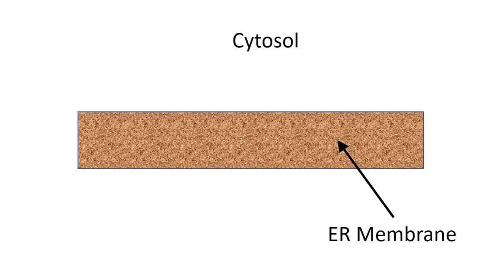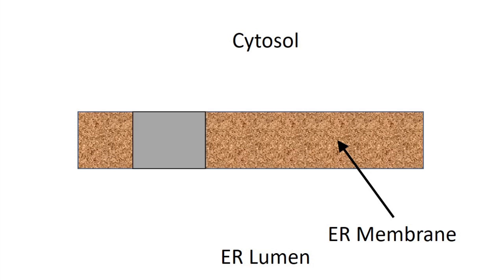Okay, so the piece of wood that you saw is going to represent the ER membrane. And for these demonstrations, we're going to identify the space above the ER membrane as the cytosol. The space below the ER membrane is going to be designated the ER lumen, or the luminal space of the ER. You'll also notice a little gray patch on the left side of the ER membrane.